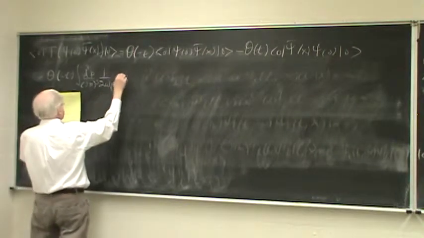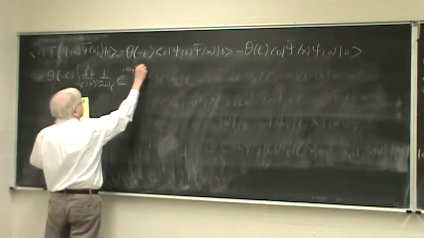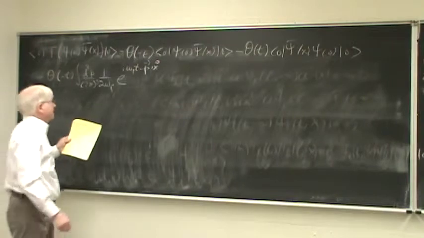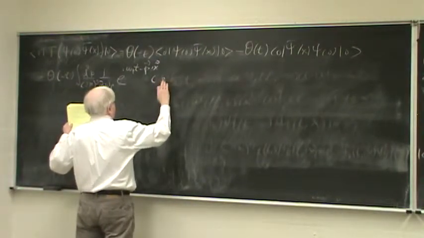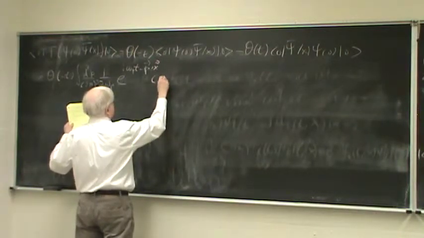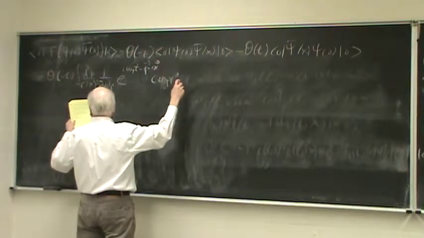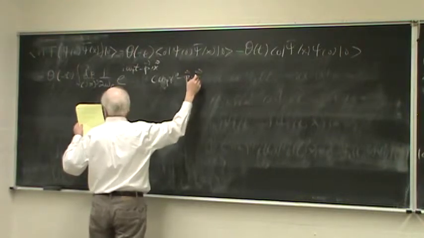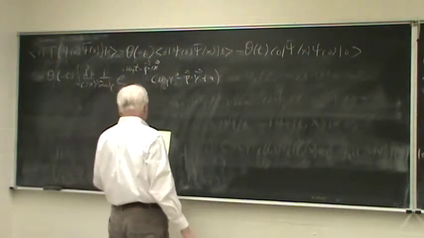And I'm going to write this as e to the i omega p t minus p dot x. I'm going to make this very explicit. And maybe I should make this explicit also. This is p slash plus m, so it's omega p gamma 0 minus p dot gamma plus m. So that's the first term.